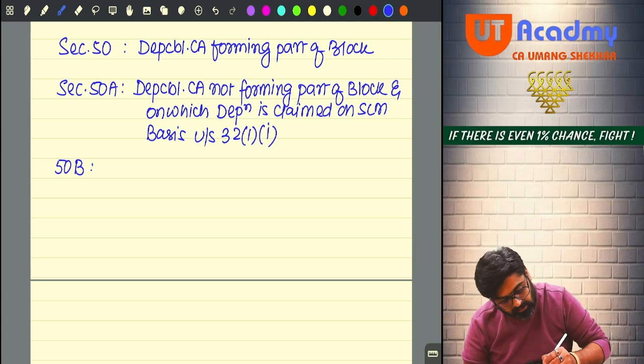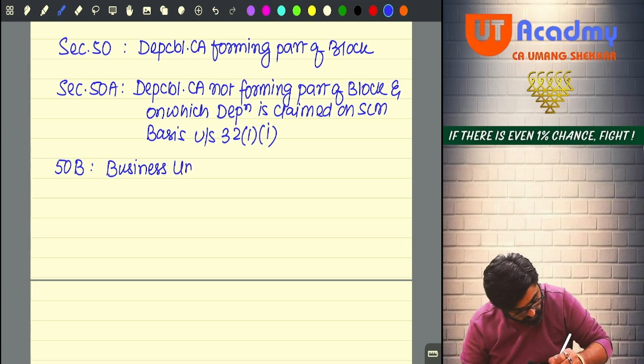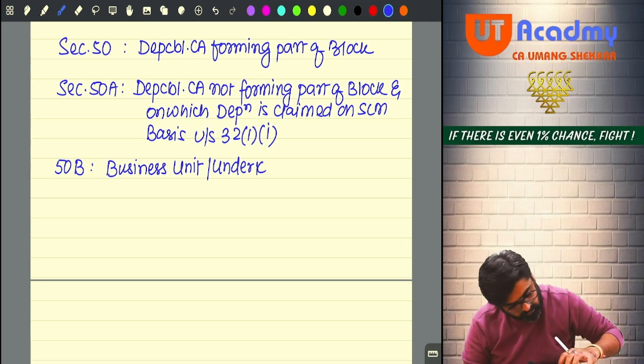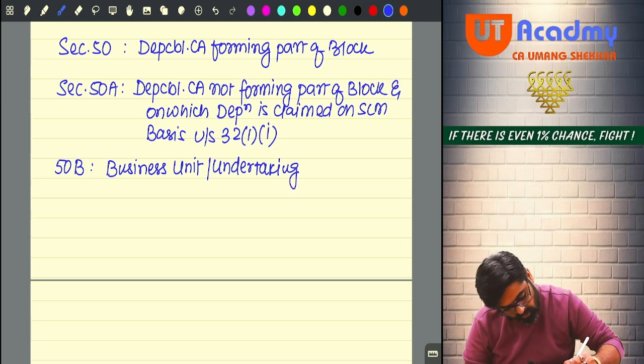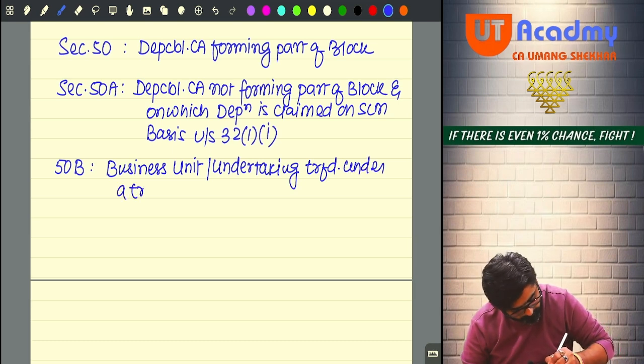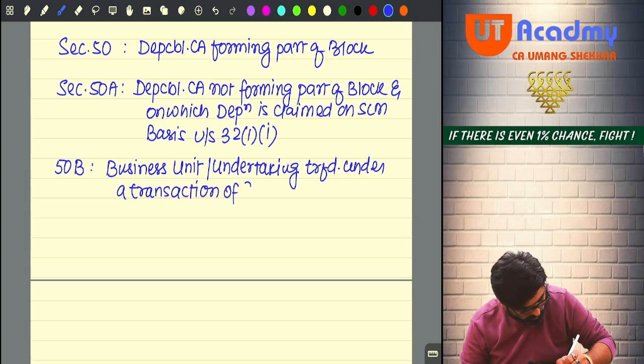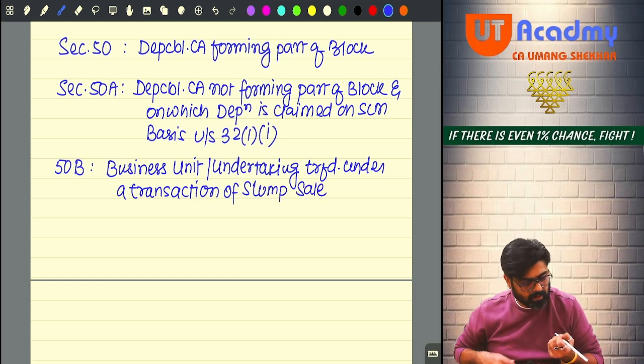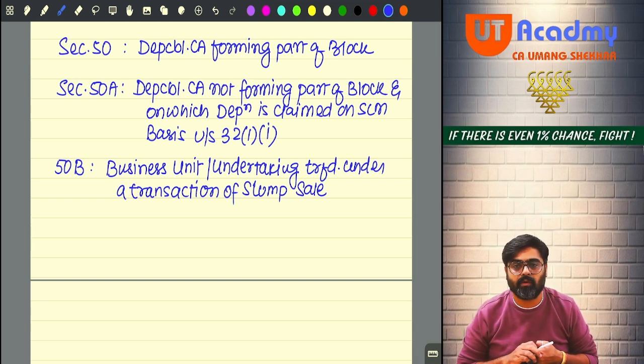Now the third asset is business unit or business undertaking, transferred under a transaction of what? Slump sale. So slump sale is happening. 50B. Do you remember?